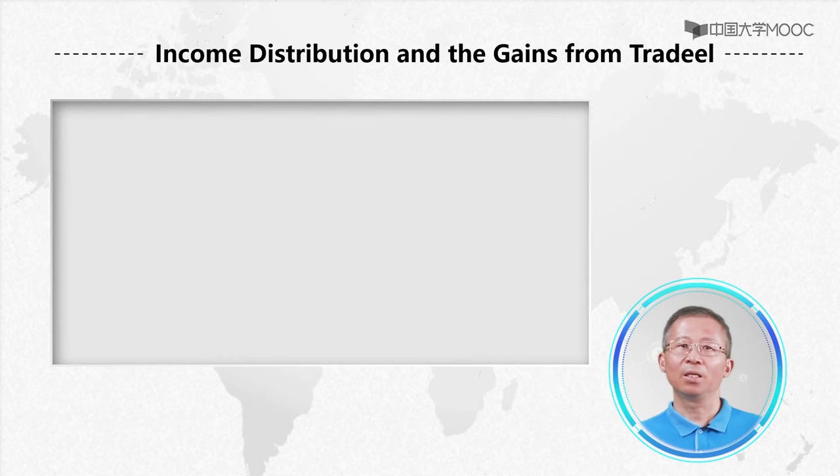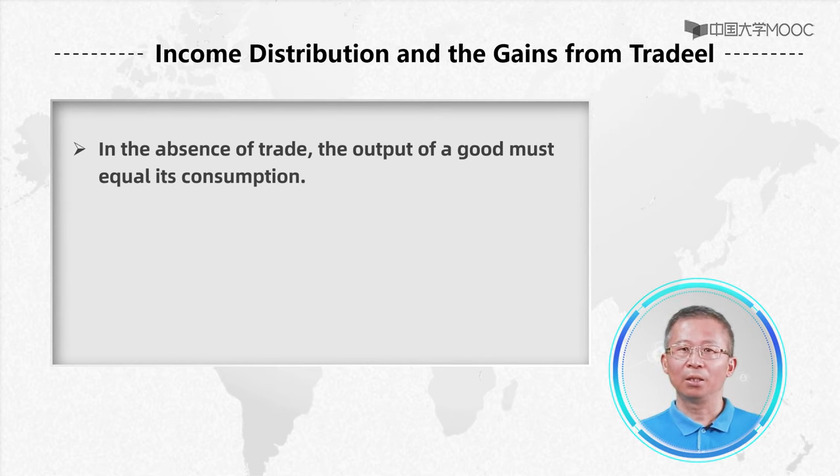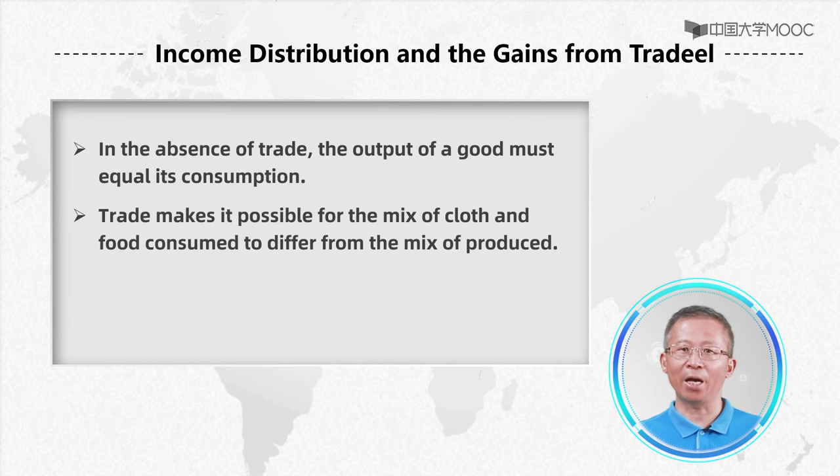Do the gains from trade outweigh the losses? In the absence of trade, the output of a good must equal its consumption. Trade makes it possible for the mix of clothes and food consumed to differ from the mix produced.